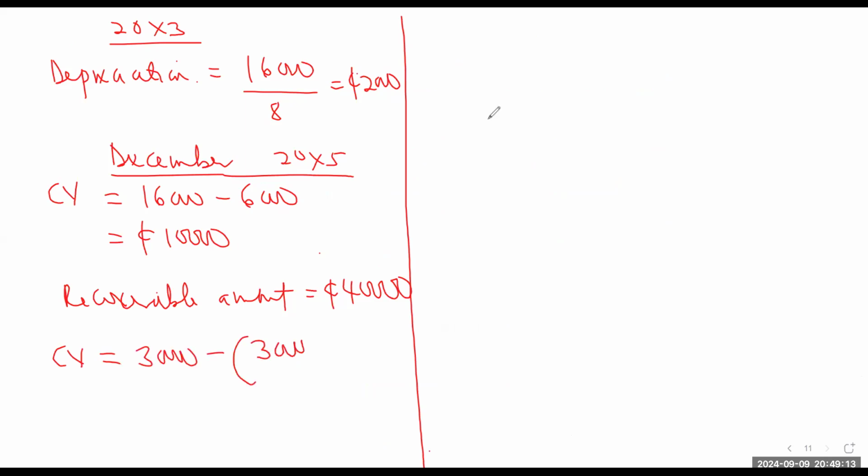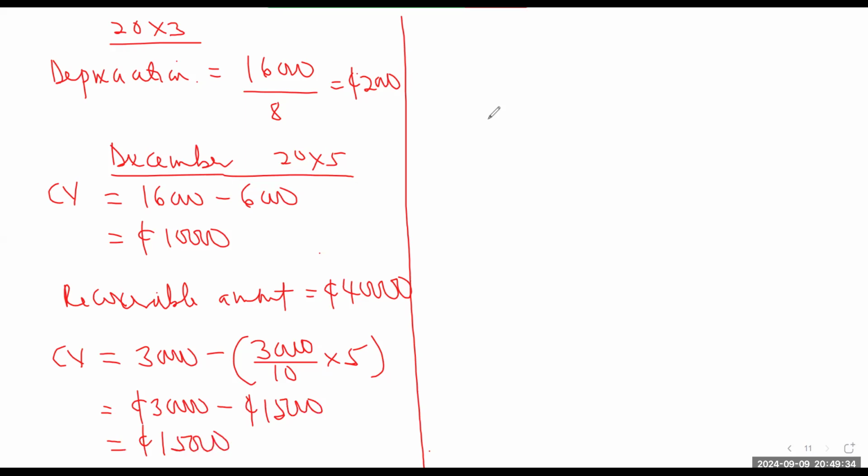The depreciation is 30,000 divided by 10 multiplied by 5, because we have used the assets from that date to now, which is 5 years. That is 30,000 minus 15,000, which gives us 15,000.